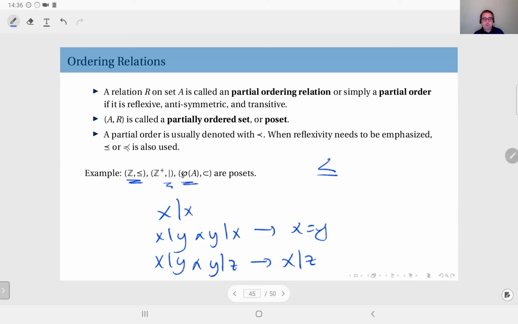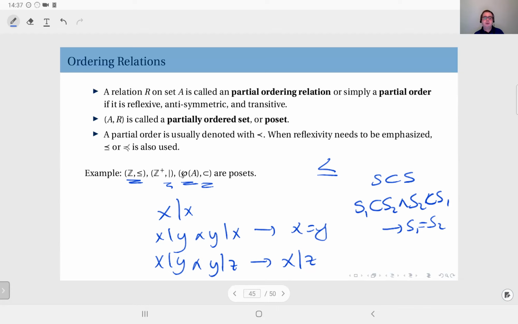Also, the power set of any set A along with the subset relation is a poset. Why? For any set, S is a subset of itself, so you have reflexivity. If S1 is a subset of S2 and S2 is a subset of S1, this means S1 and S2 are the same set, they are equal, which means you have anti-symmetry in the subset relation.